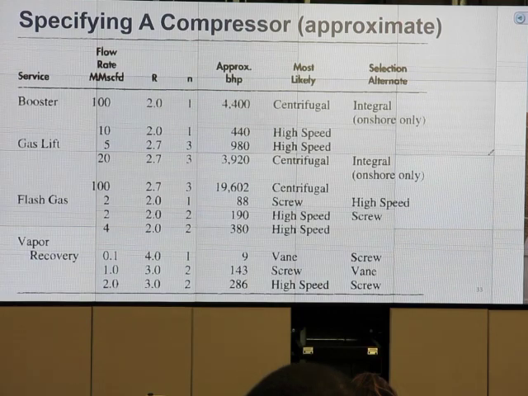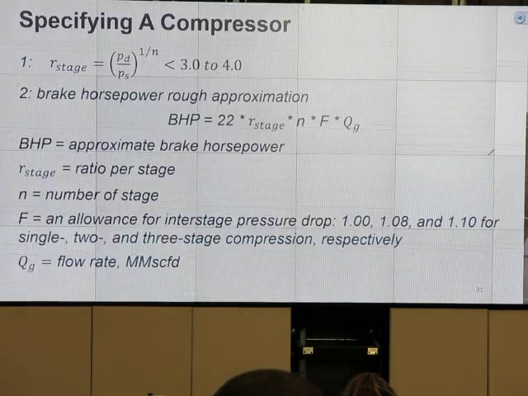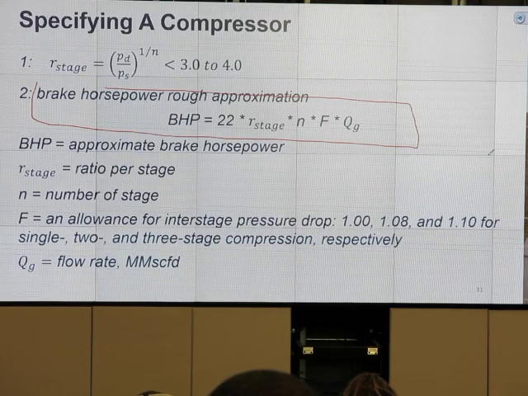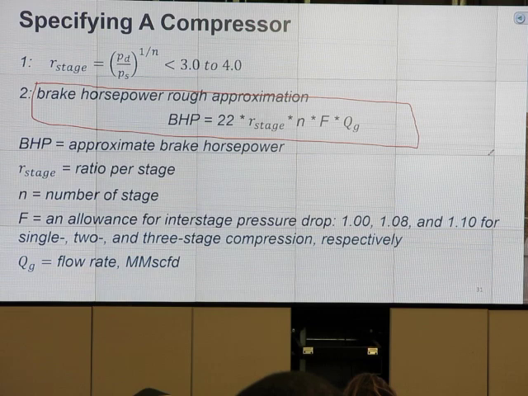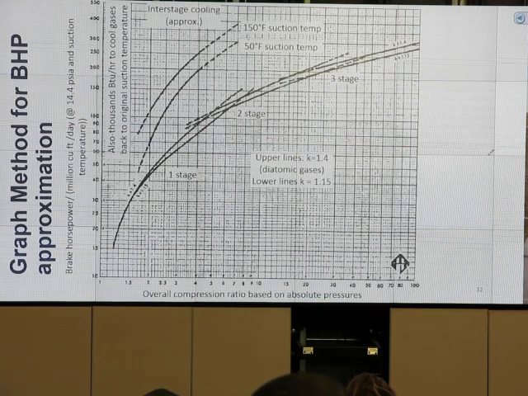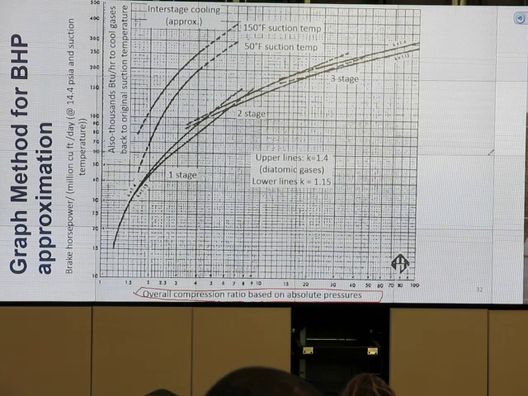So this is a quick way to do brake horsepower approximation. Brake horsepower is the actual horsepower considering the efficiency, and the horsepower that we will need to buy it for. This chart tells me overall compression ratio on absolute pressure and brake horsepower.